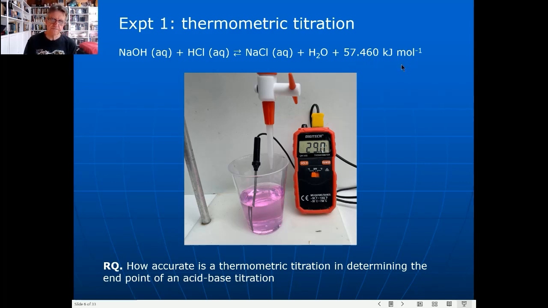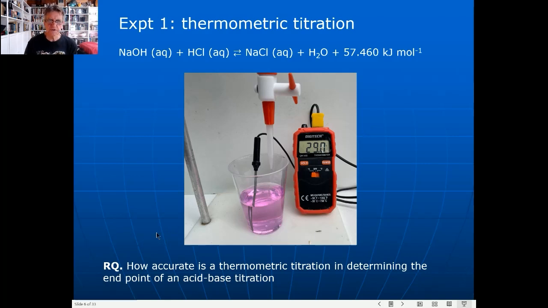Now, when you're titrating, the temperature will rise, and you can detect the end point when the temperature no longer rises. So that seems to work all right. What you can do is use 1 molar, 2 molar hydrochloric and sodium hydroxide as an experiment in class.